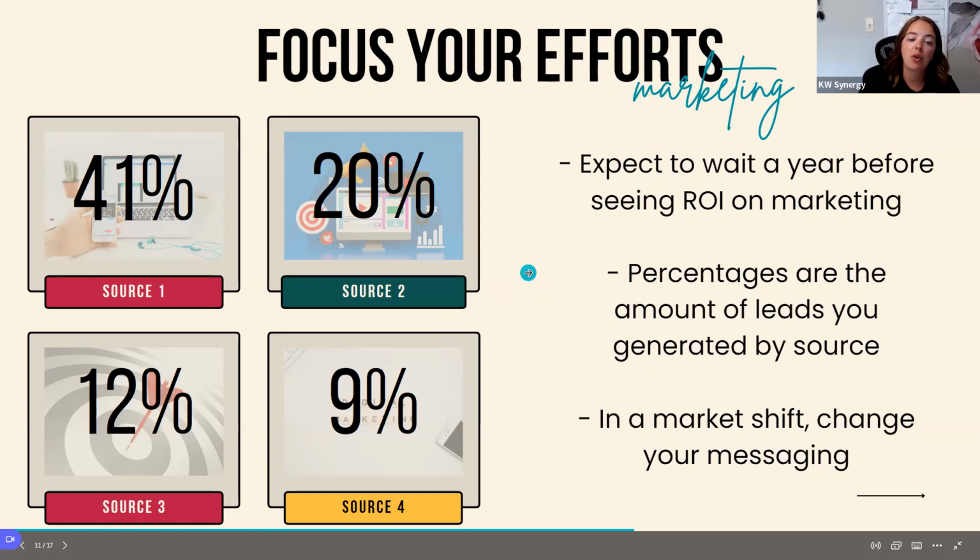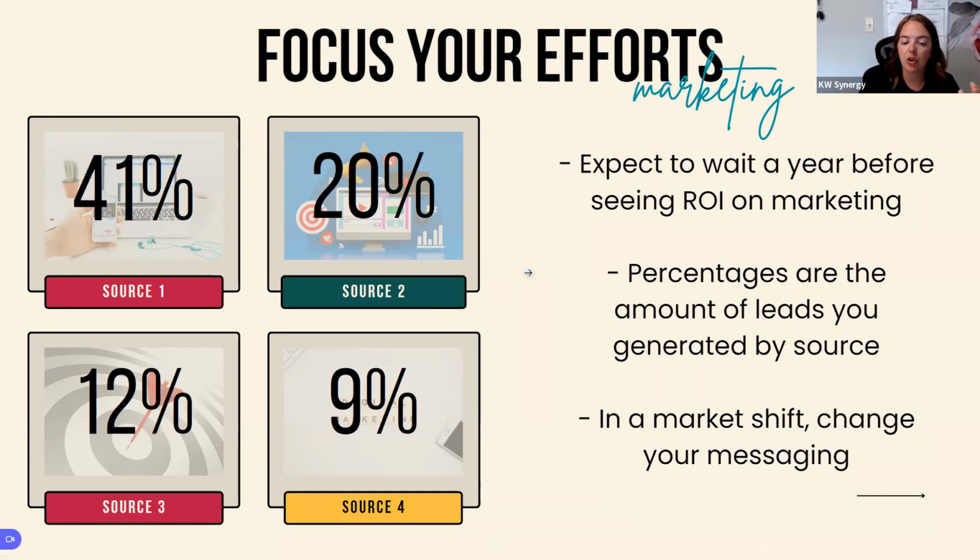And then if you are already marketing, you may want to evaluate the messaging that you are putting into your marketing. So if you are still saying, I got this listing for $50,000 over asking price, that may not be the best narrative to say right now, just because things are starting to shift down a little bit.